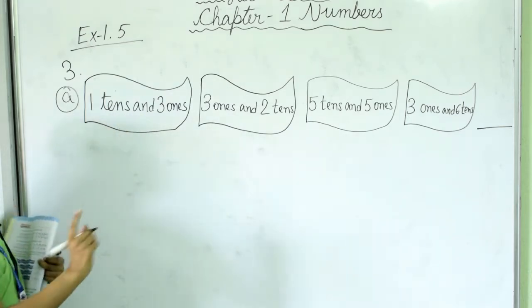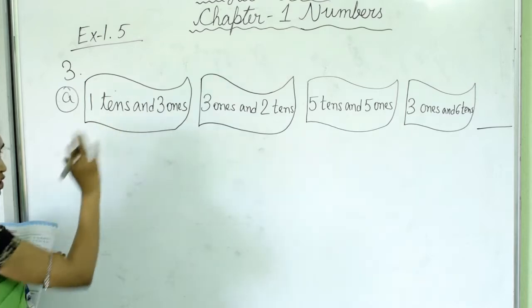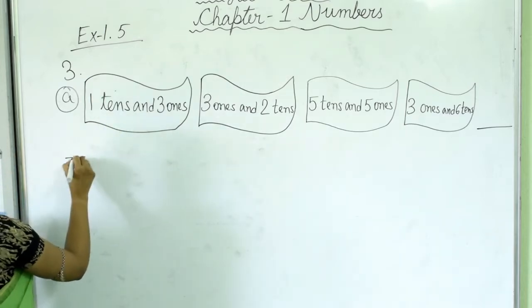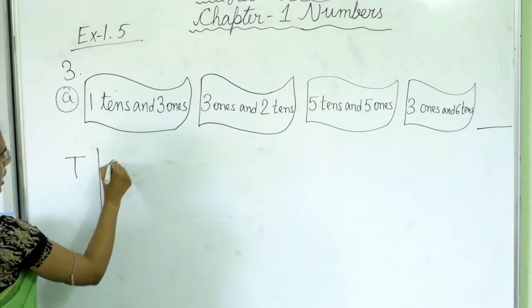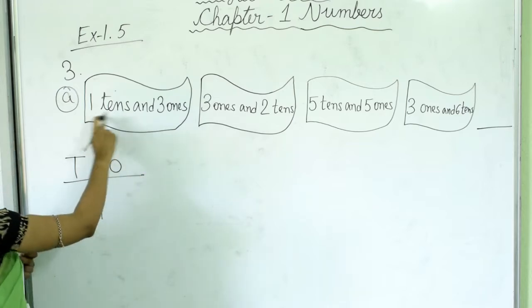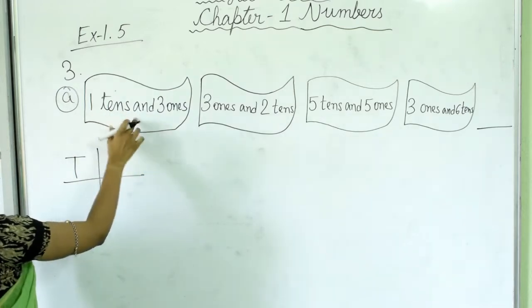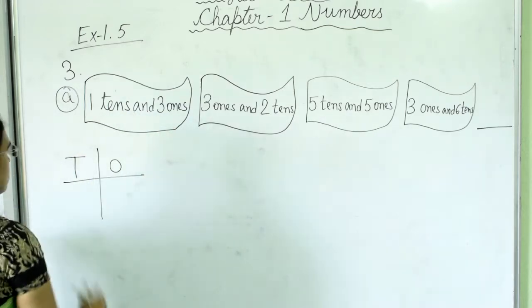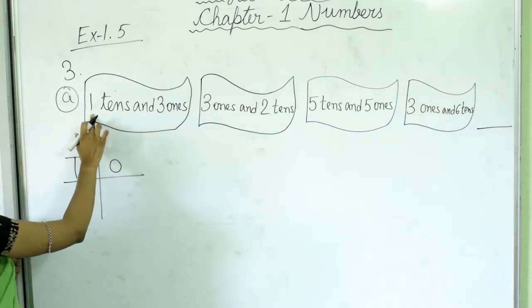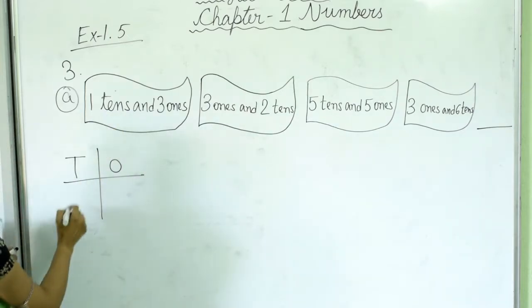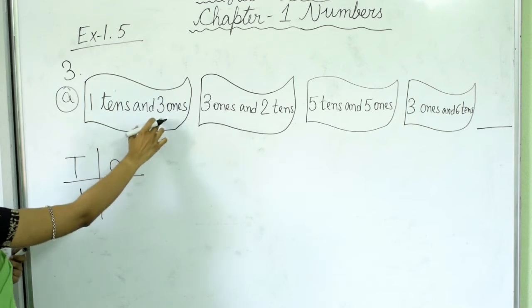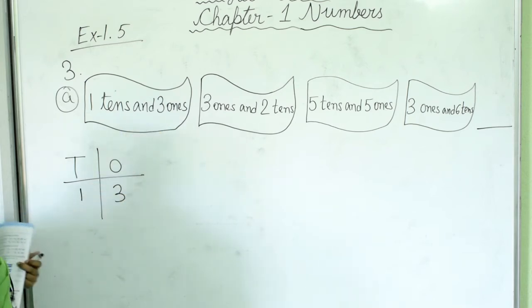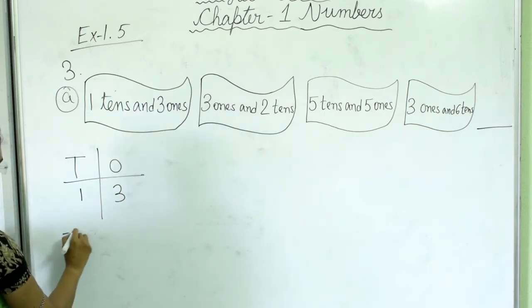Whatever is written in the question, we will put the numbers according to that. Okay, so this is the tens box and this is the ones box. So the first number is 1 tens and 3 ones. So we have to put number 1 in tens place and 3 in ones place.